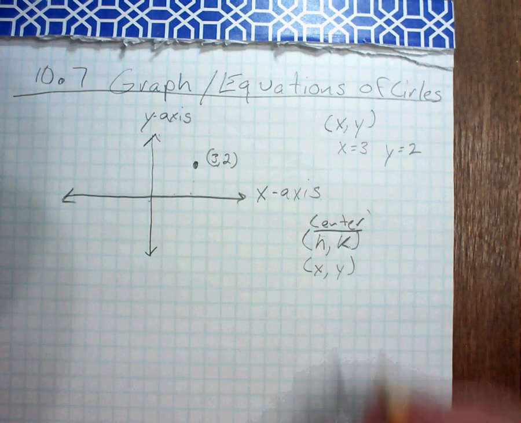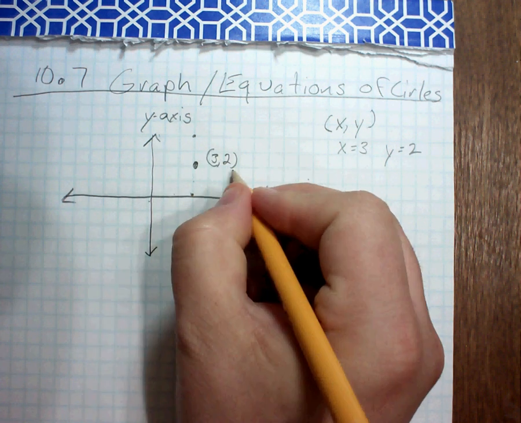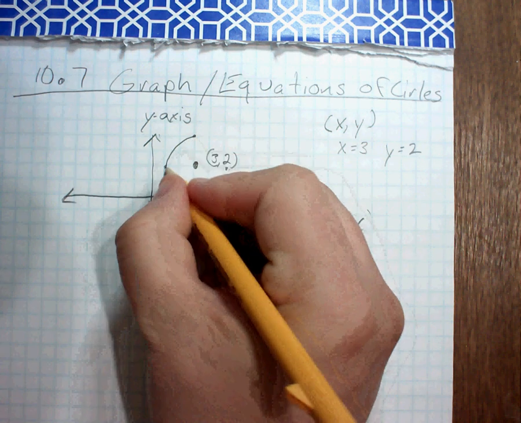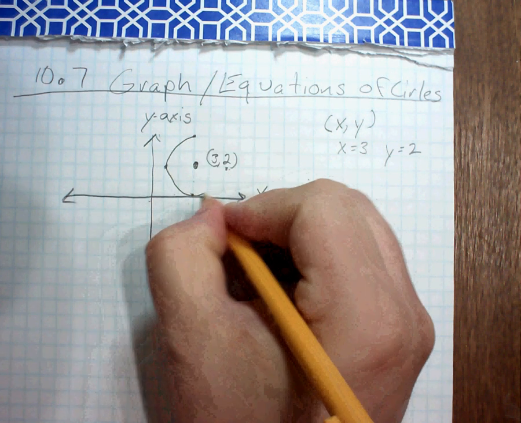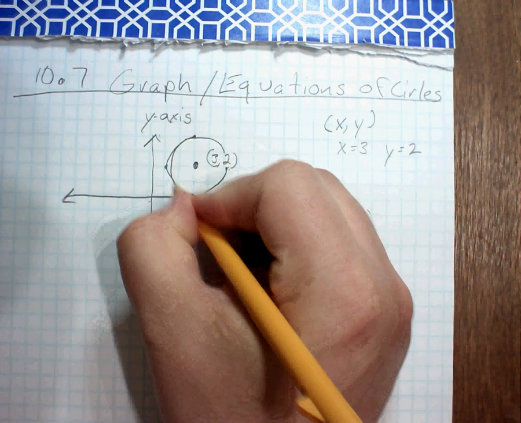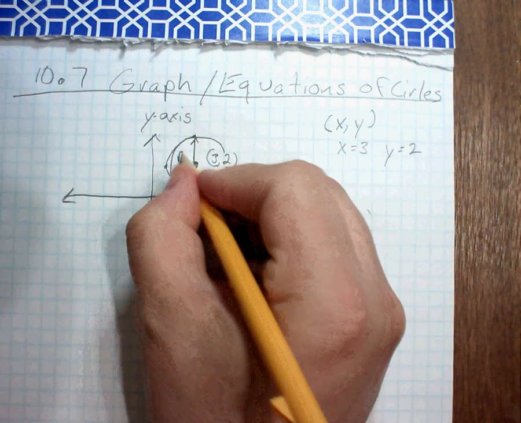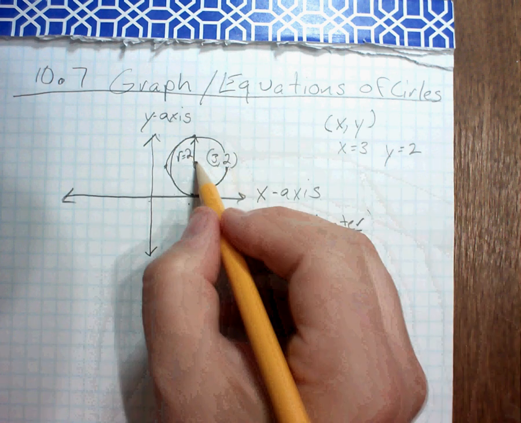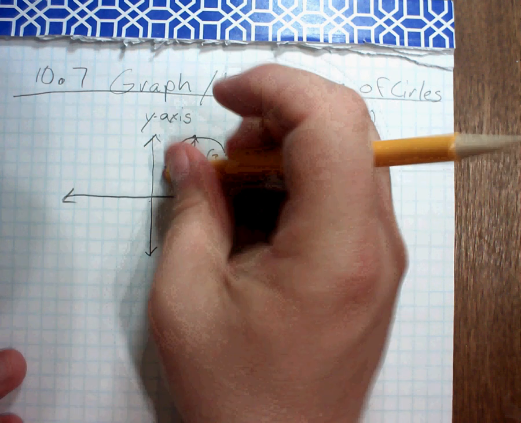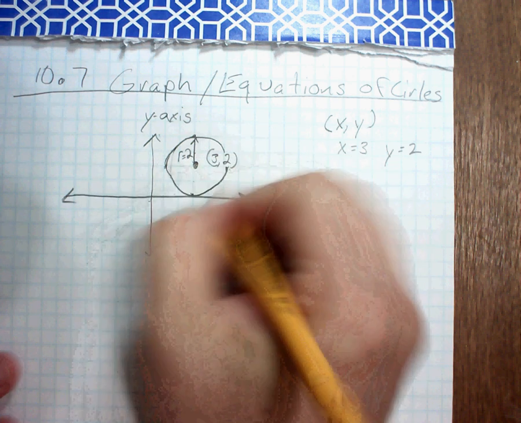Okay? So if I were to draw a circle that had a radius of 2 units, right? So I've got this perfectly drawn circle, and I know that the radius is 2 because I go 1, 2 units this way, and I go 1, 2 units this way. I know that this is a radius of 2 all the way around the circle.